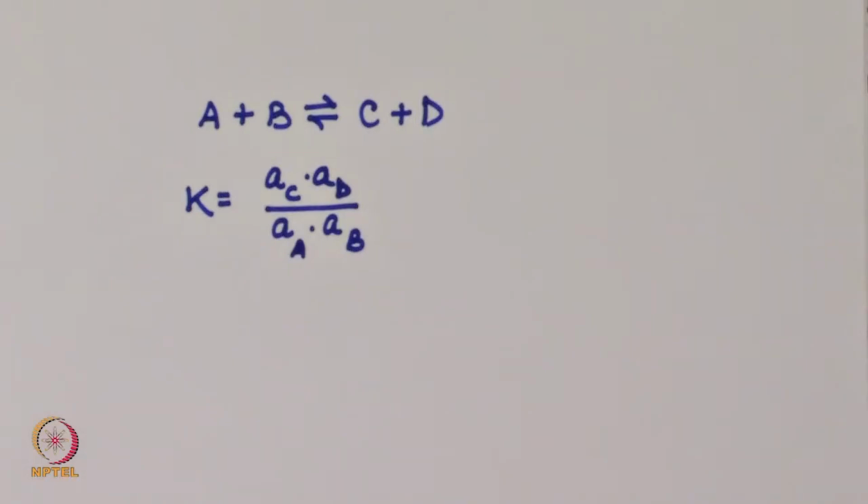When we prepare solutions in the laboratory, we express the concentration of a solution in terms of molality, or in terms of mole fraction. So, when we determine the value of equilibrium constant in the laboratory, we usually express it in terms of the ratio of molalities, or ratio of molarities, or ratio of mole fractions.